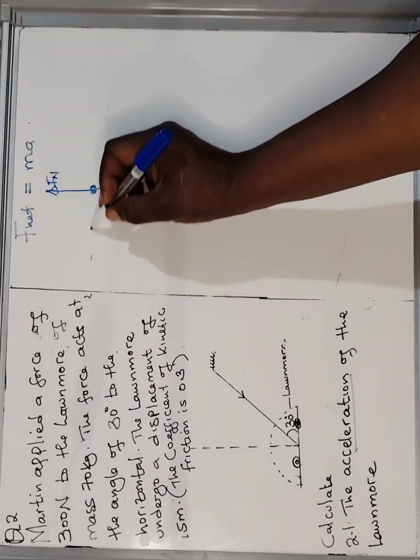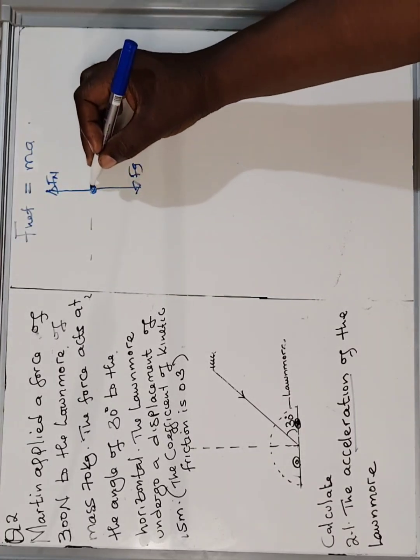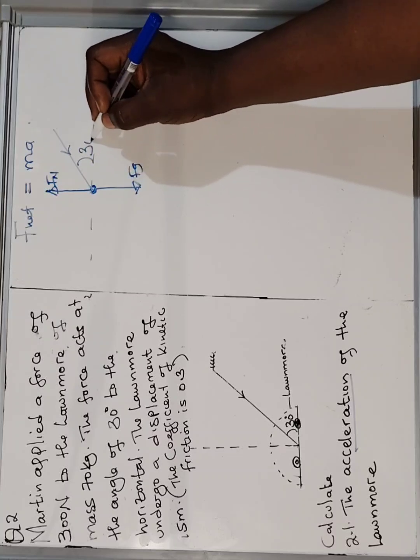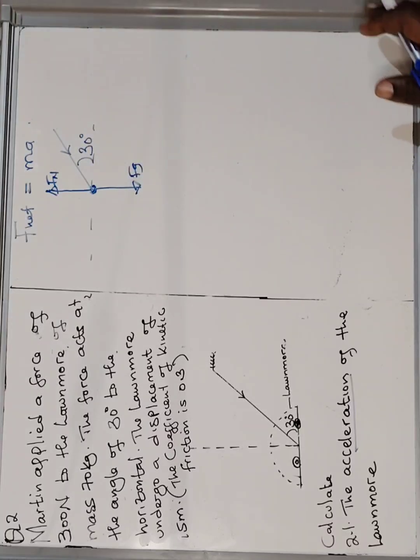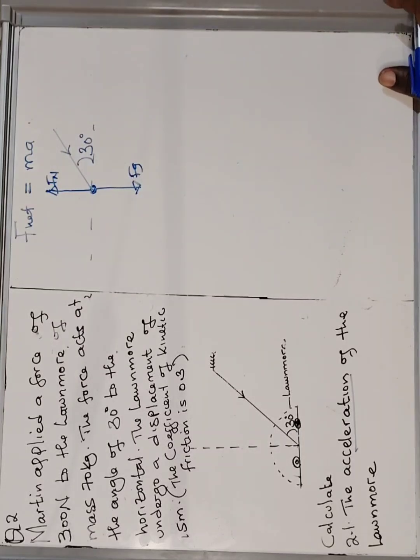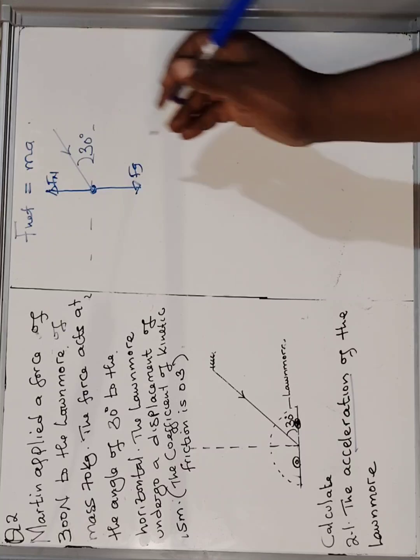We have to remember that our applied force is acting at an angle of 30 degrees. But we must not forget that for a free body diagram, all the forces are drawn away from the body.